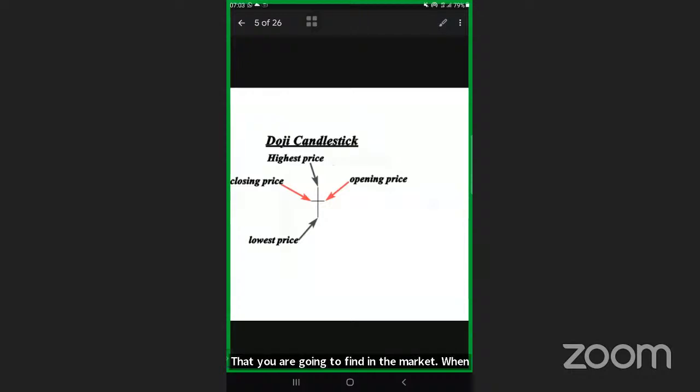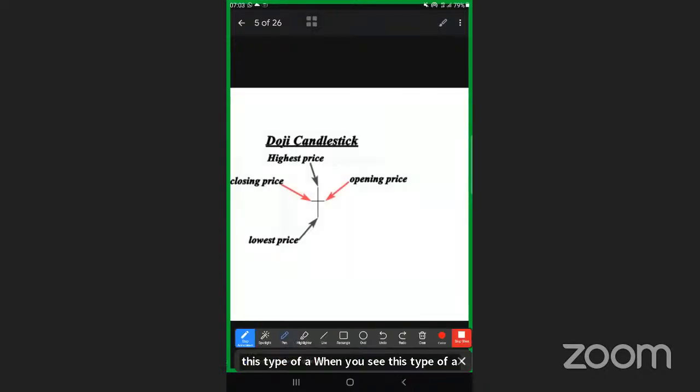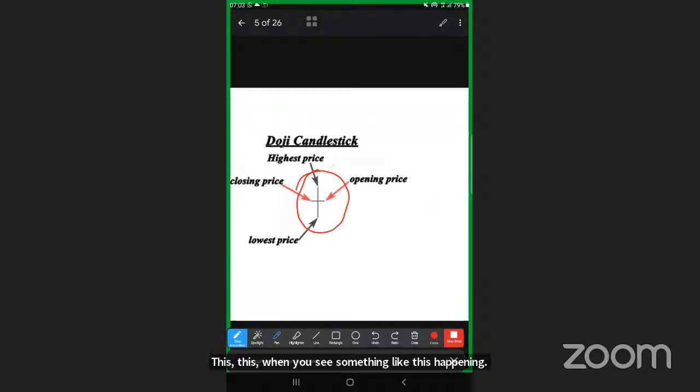When you see this type of candlestick forming, what should come into your mind as a trader? Remember we dealt with the open and the closing of a price.